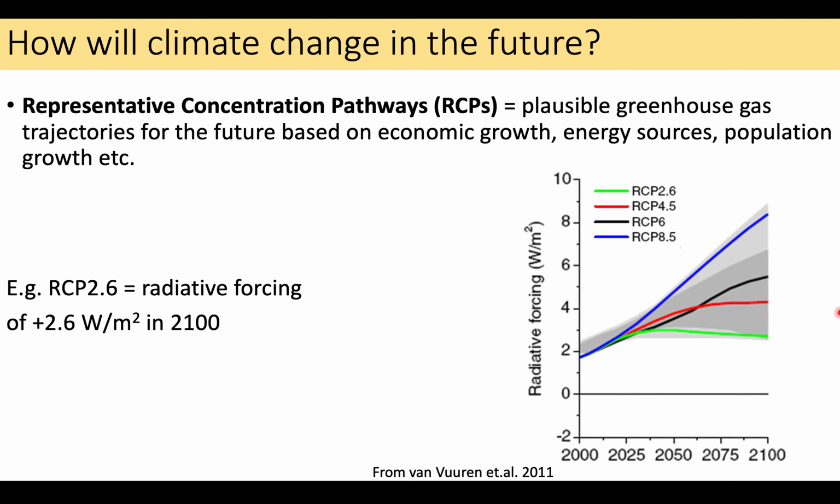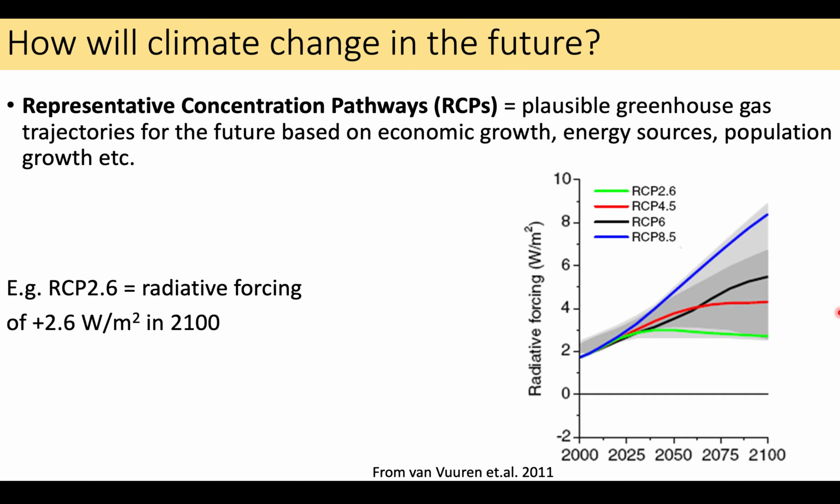But what we use are called representative concentration pathways, or RCPs for short. These are greenhouse gas trajectories for the future based on predictions of population, economics, and energy.